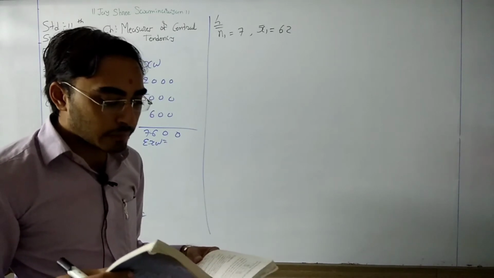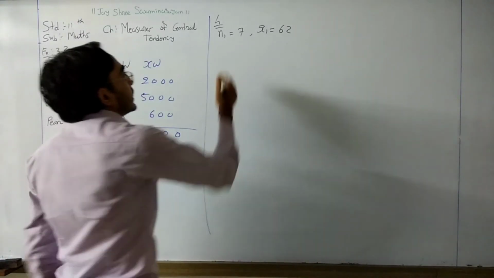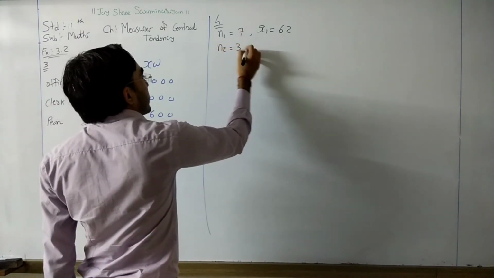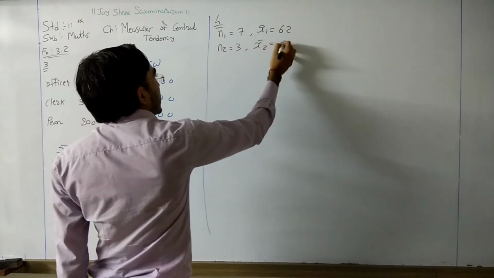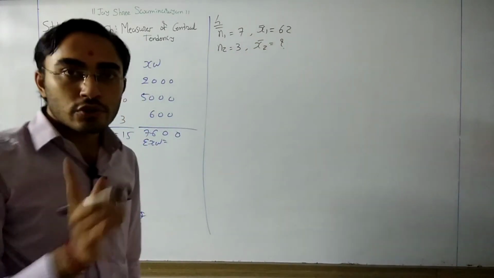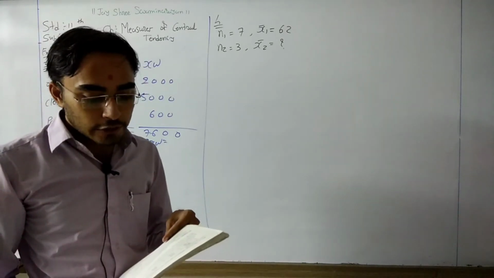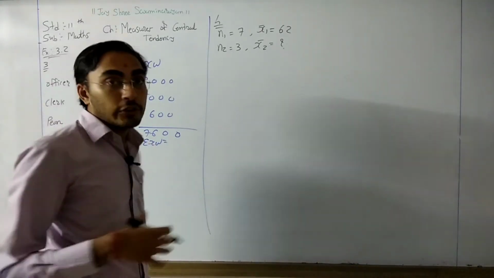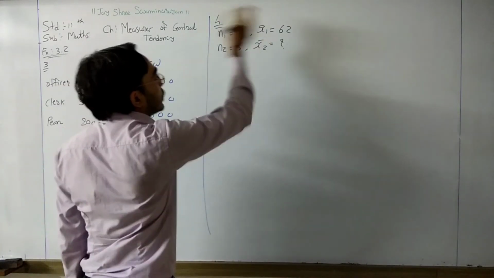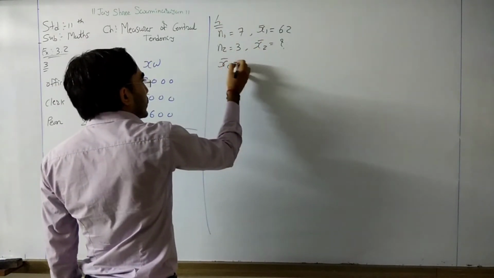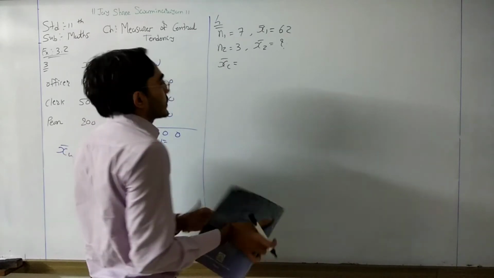What should be the mean marks in 3 practical exams? So N2, it's 3 papers. What should be the mean? So you need to find the value of x2 bar, so that his mean marks for the entire examination, that means combined mean of all these papers, which is also given to you, 68.